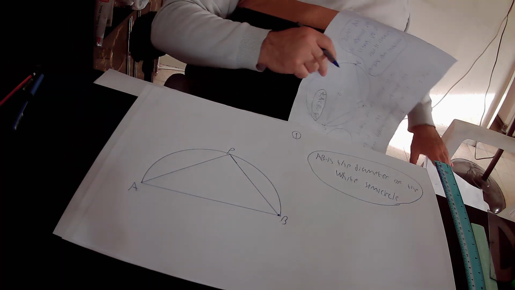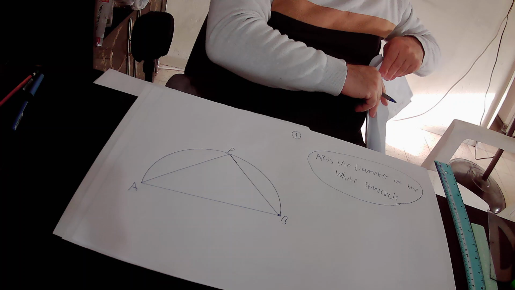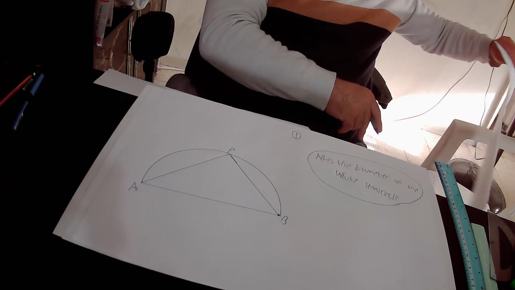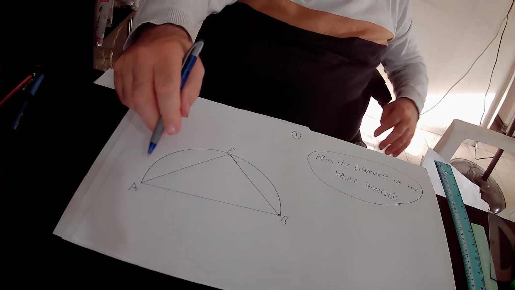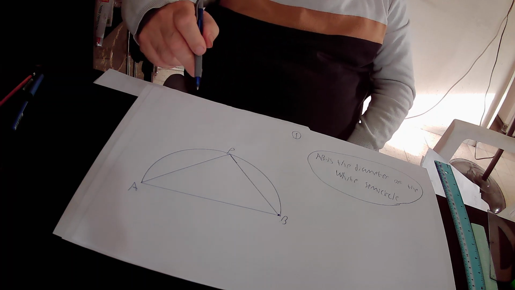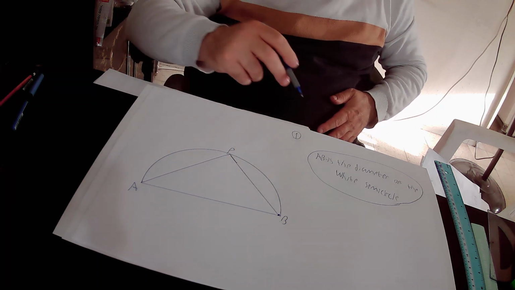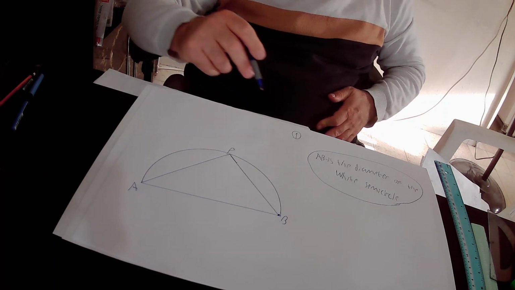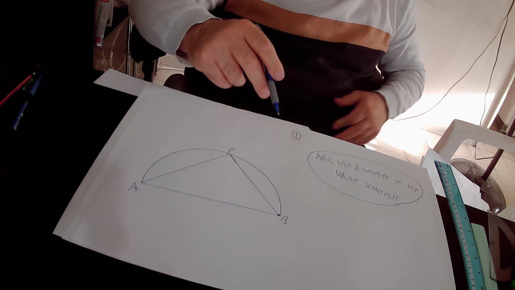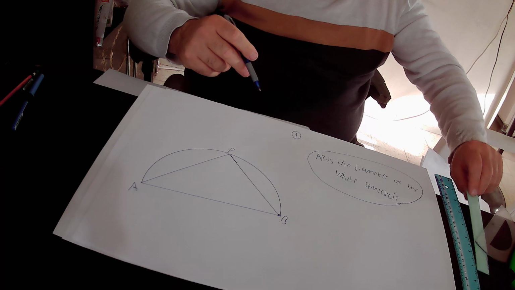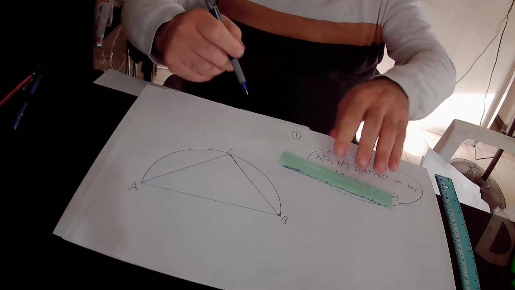We can implement rule 7 in our drawing. Why? Because in our drawing we have peripheral angle APB that is subtended on AB, that is the diameter of this white semicircle. Therefore peripheral angle APB equals 90 degrees in its size, according to rule 7.